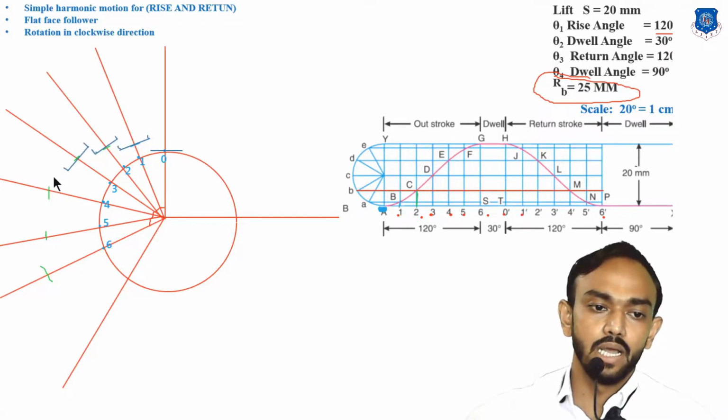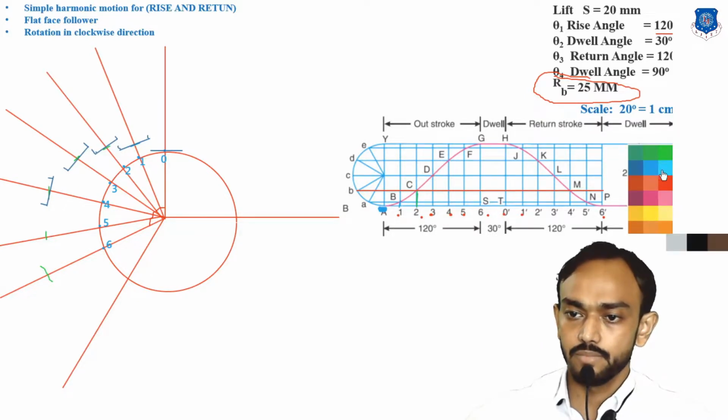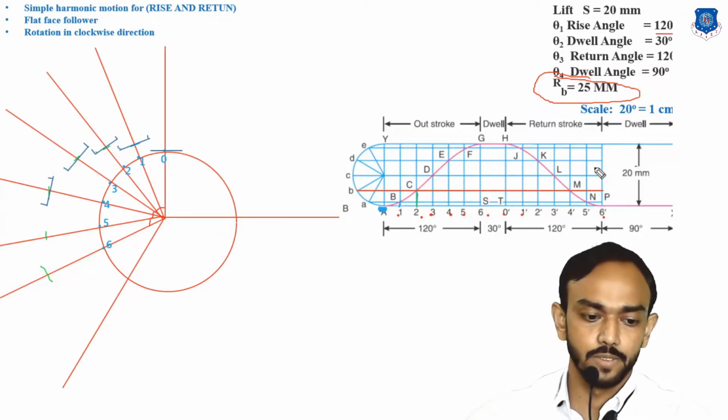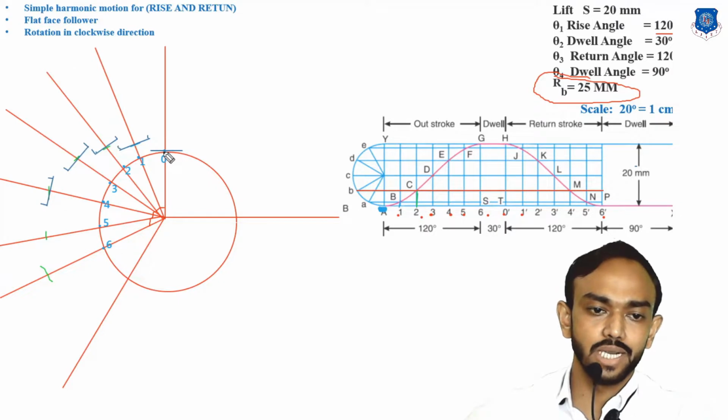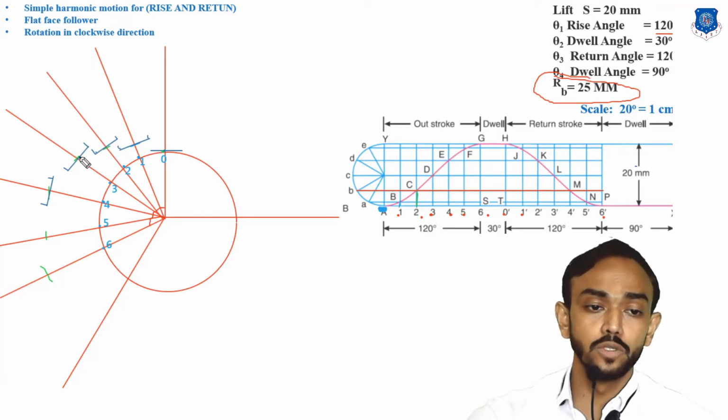Okay. Now what is the trick in this example? Whenever you draw the cam profile, when you start from this point and draw the profile, it is not necessary to draw through the point.